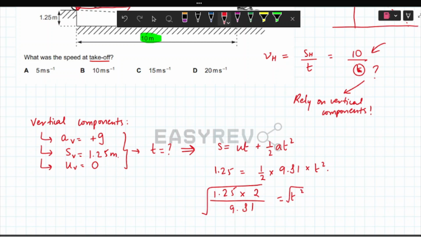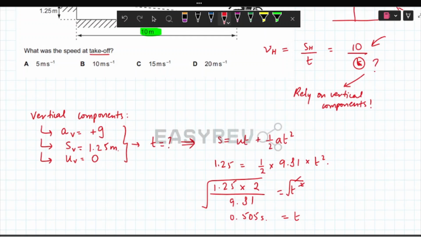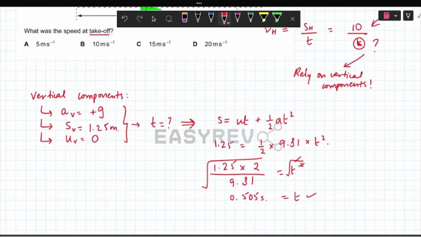And if I take a square root on both sides, I get t to be as follows. The value that we get is 0.505 seconds.